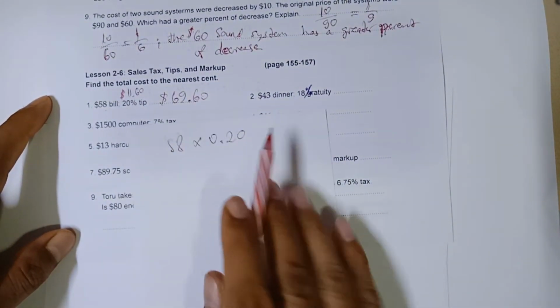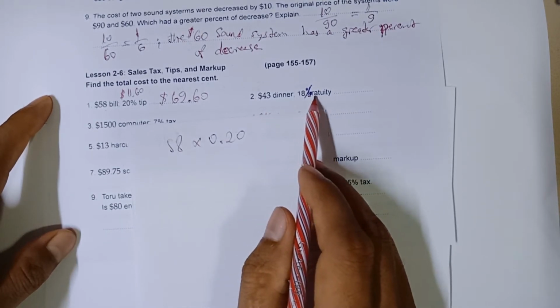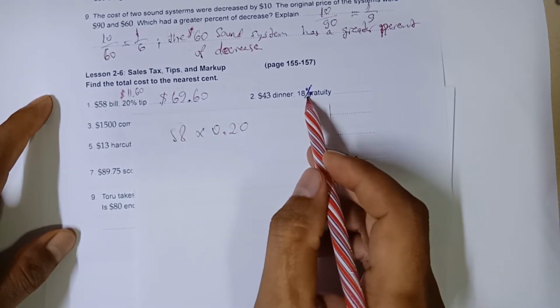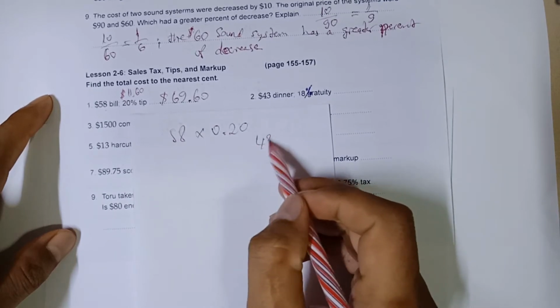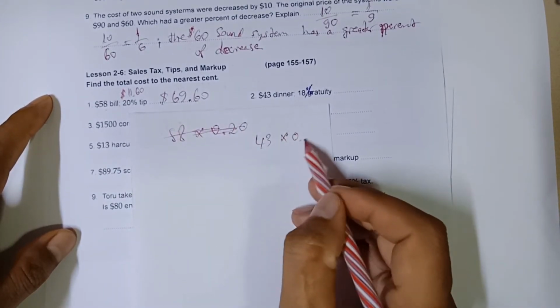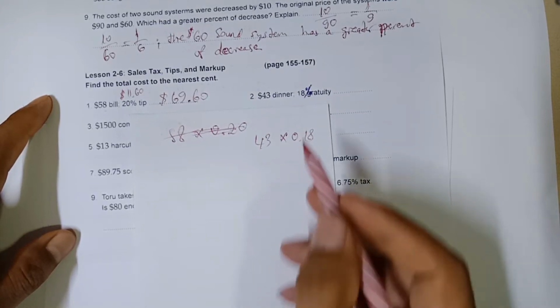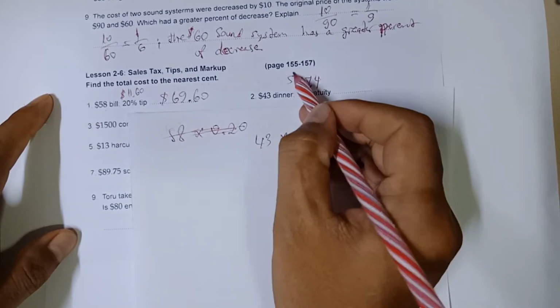Same idea with this. This is $43. You pay 18% more of the 43. Let's find how much this 18% is in dollars first. You multiply 43 with 0.18, that gives you 7.74 in dollars.